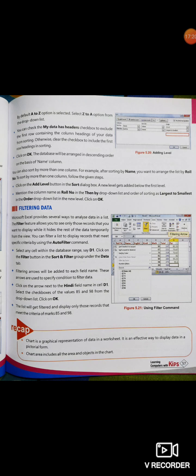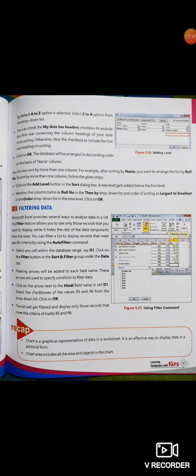Otherwise, that heading will also come under sorting and will be sorted. Next, after all these things, we have to click on the OK button. So whenever we click on the OK button, the database will be arranged in descending order on the basis of the name column. Okay. We can also sort by more than one column.